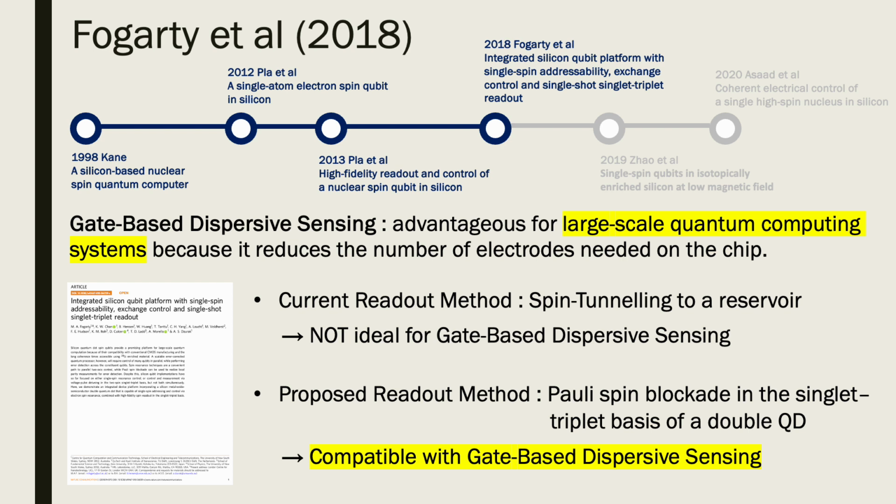The proposed readout method, based on the singlet-triplet basis of the double quantum dot, can achieve high fidelity spin readout at lower magnetic fields compared to the current method. This allows for qubit control at lower microwave frequencies, which is beneficial for scalability.